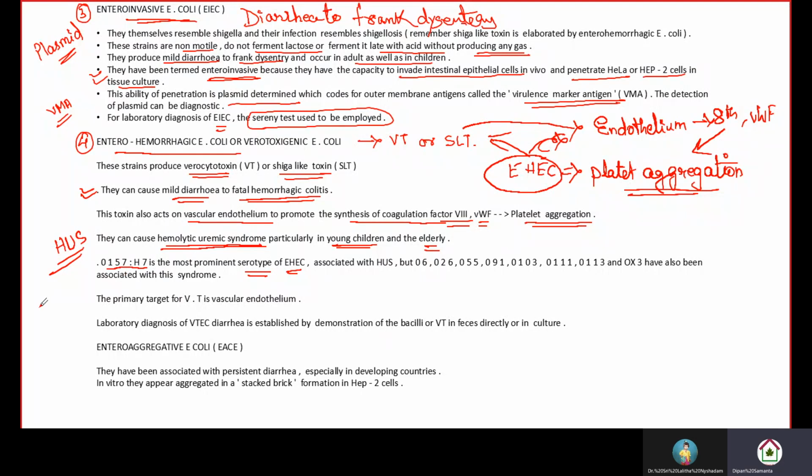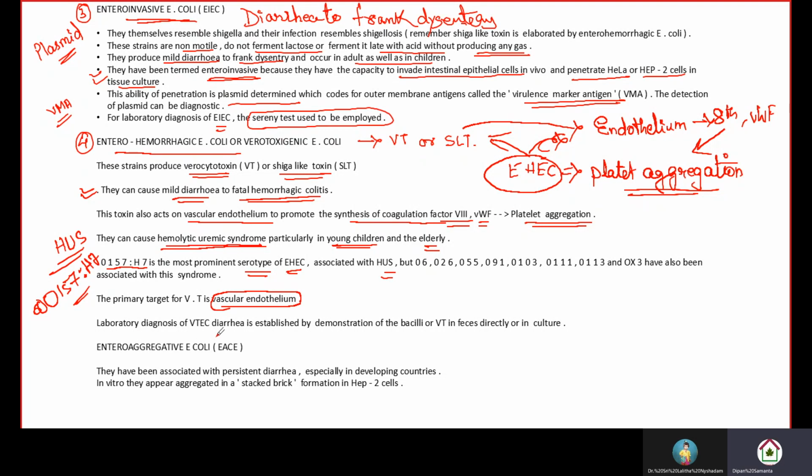This is the most prominent serotype of EHEC associated with hemolytic uremic syndrome, HUS. The primary target for this VT, verocytotoxin, is vascular endothelium, as we have already discussed here.